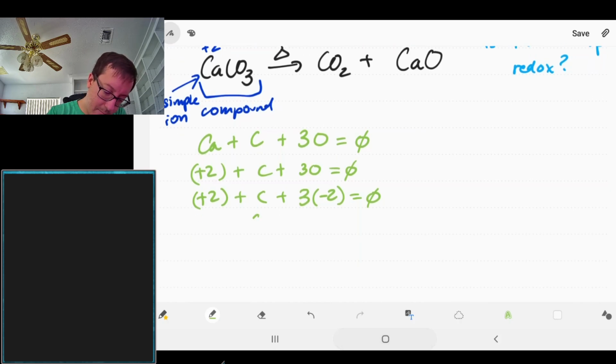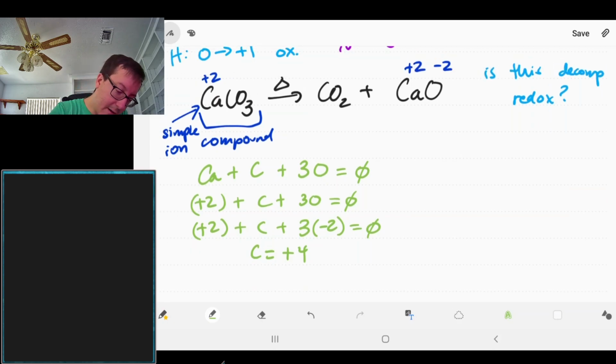And so doing this, we should get carbon is +4. So oxygen was -2, carbon +4. Okay, hopefully that's all right.